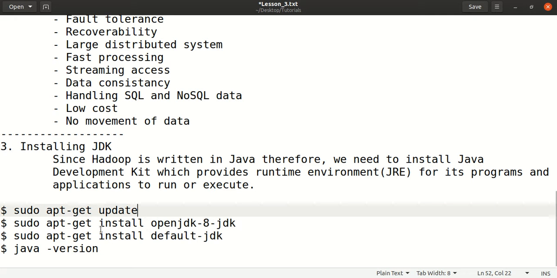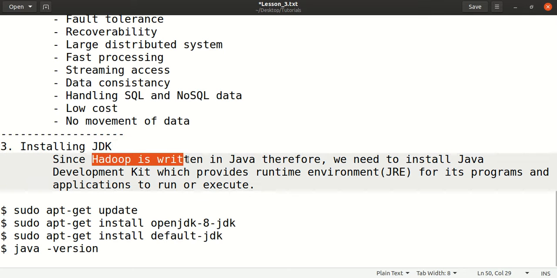Here we talked about JDK and why we are installing it, because Hadoop is written in Java. We have to provide the runtime environment for Hadoop programs and Hadoop services, and that is done only by installing the JDK, the Java Development Kit, which will create a virtual machine and a Java runtime environment for all Java programs.